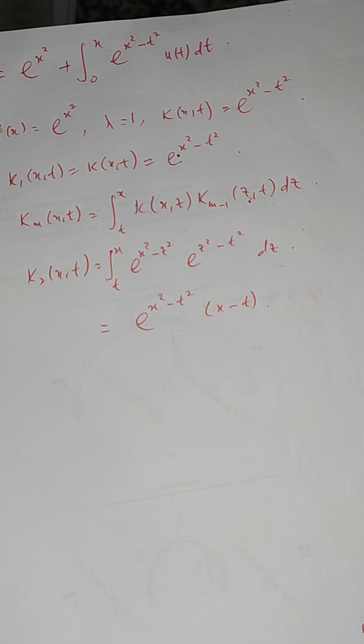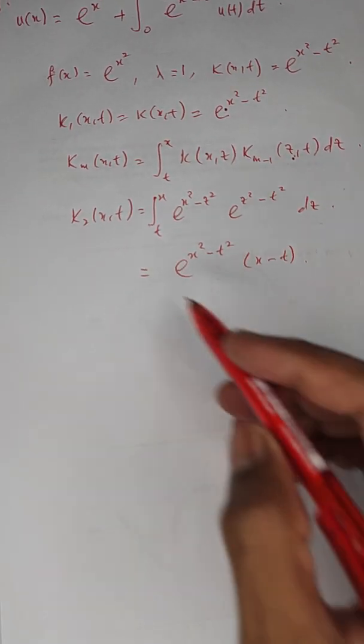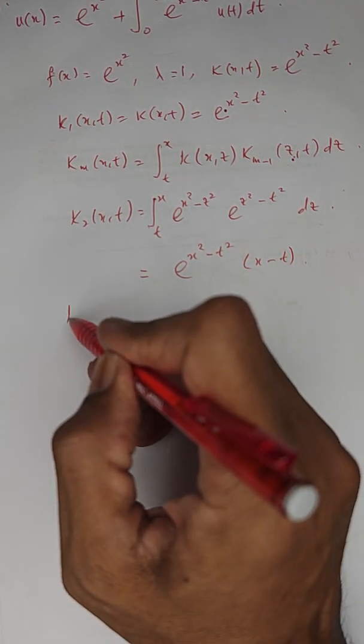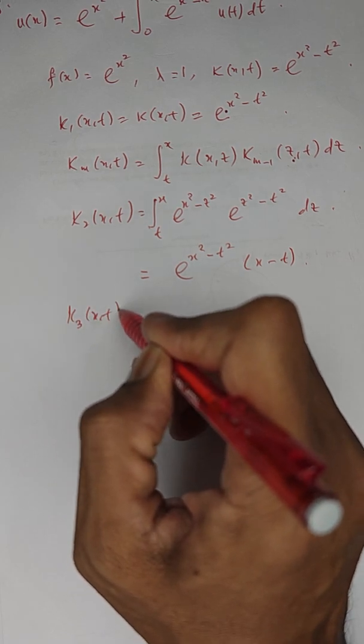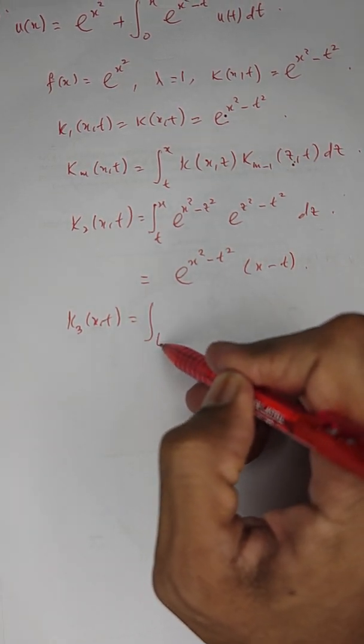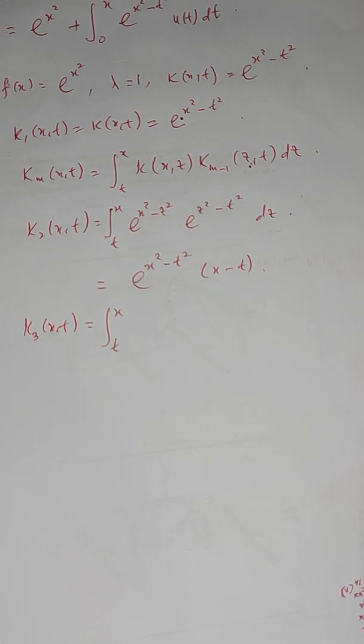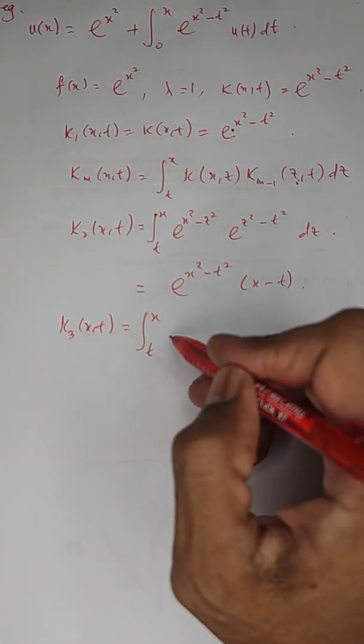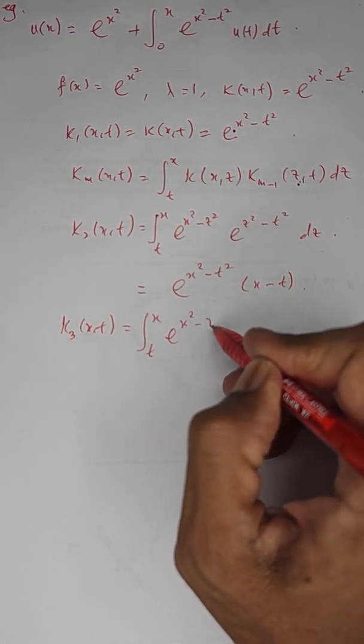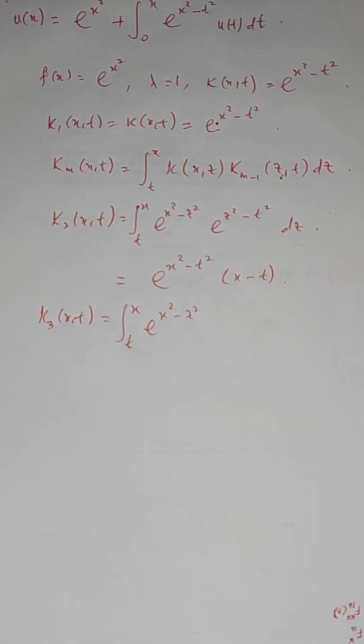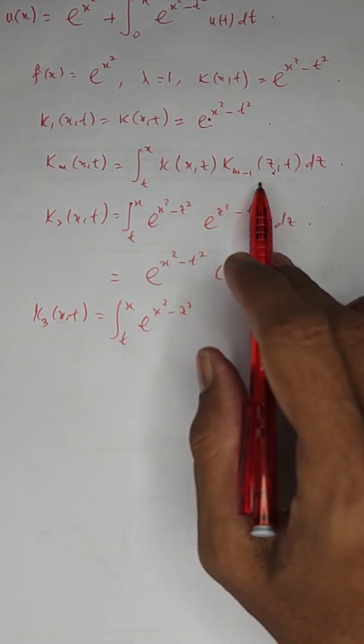Then you can find K3. We can find K3(x,t) as the integral from t to x of K(x,z), which is e^(x^2 - z^2), and then K2(z,t).